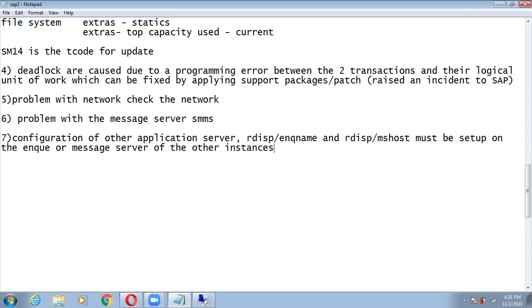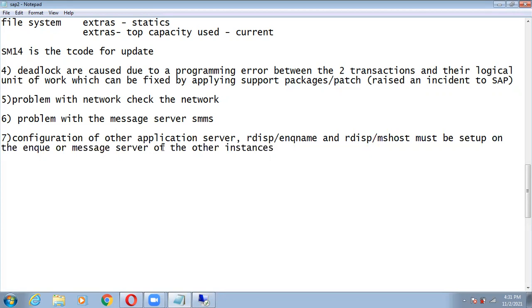So it might be this parameter issue which causes the NQ problem. Sometimes it happens. All the possible reasons I have listed here, so please go through it. So this is all about the NQ issues. You need to go through these NQ topics.